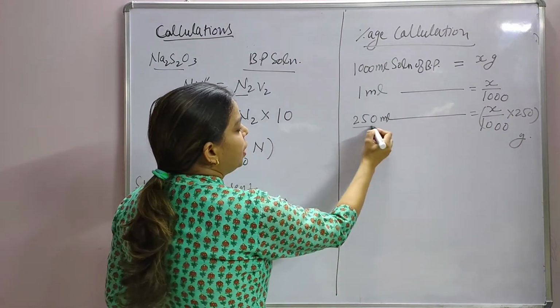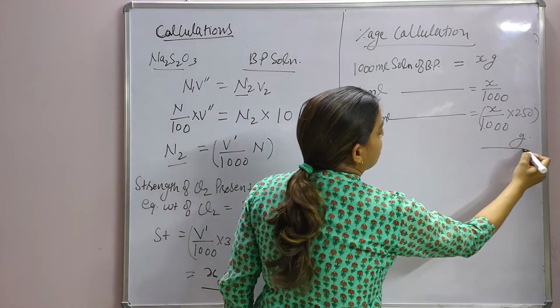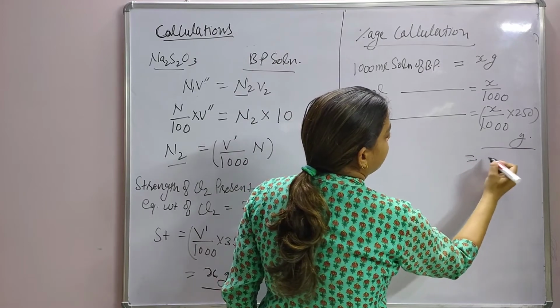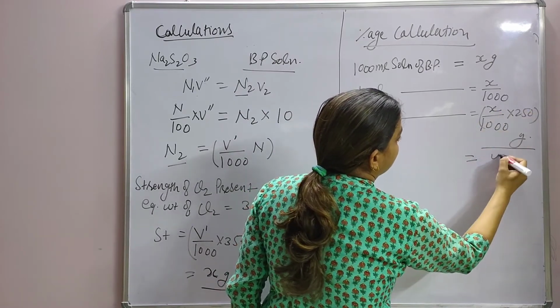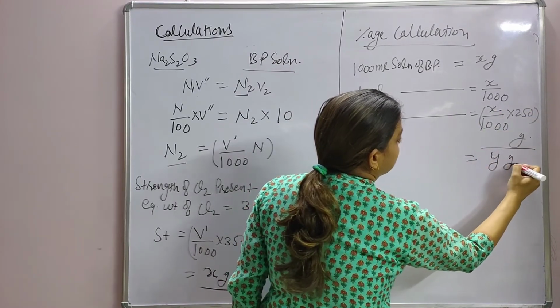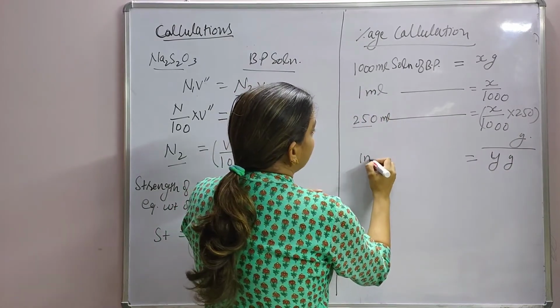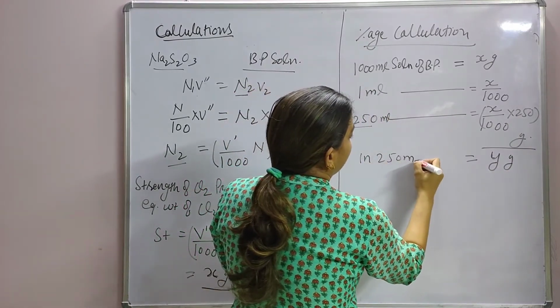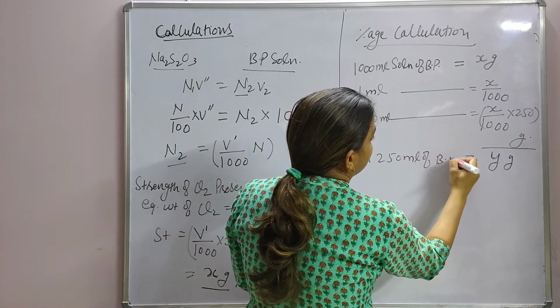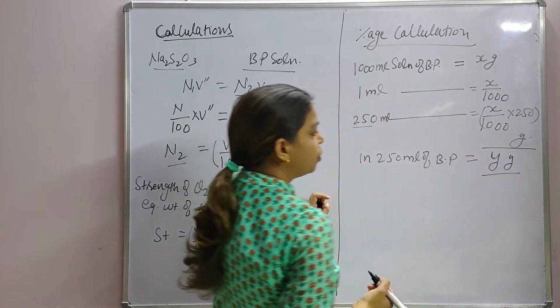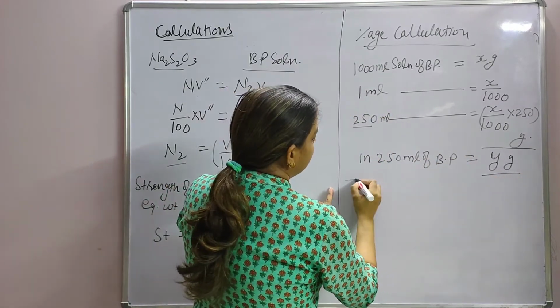It means 250 ml has this much grams of chlorine. So I can call this entire factor y grams. It means in 250 ml of bleaching powder solution we have y grams of chlorine.